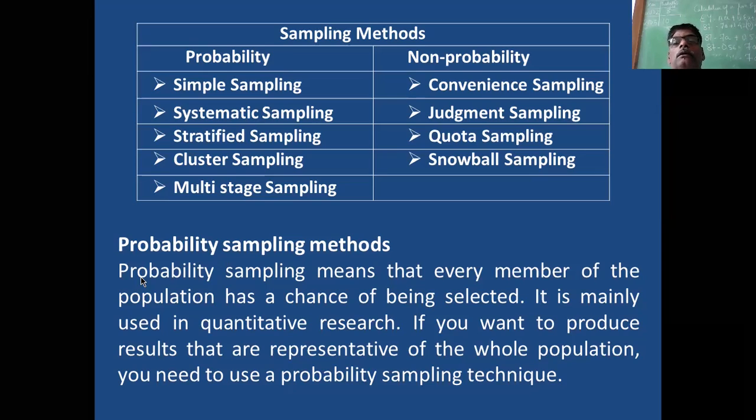And the sample selection is made on random basis. These are the two important points regarding probability sampling. Okay, we'll see the probability samplings one by one.